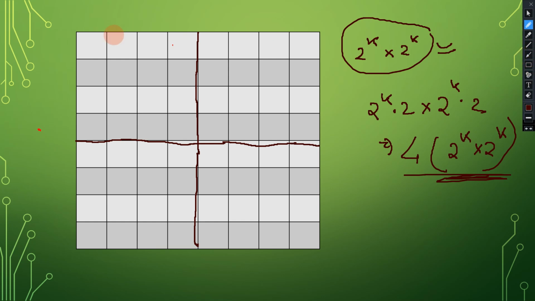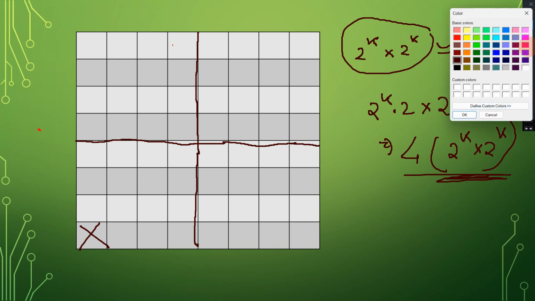Originally in the question, any one tile from the checkerboard is removed. We will remove this tile now. Now how do we do this? Again, similarly we will do the same thing.